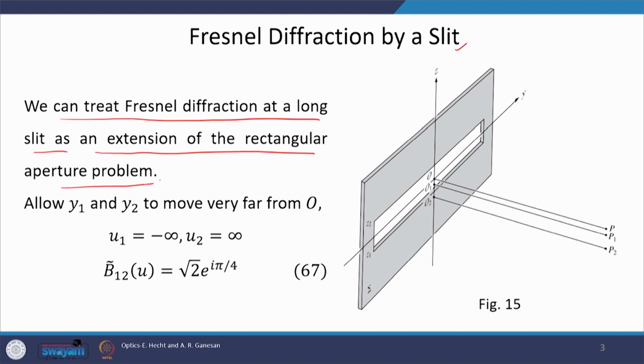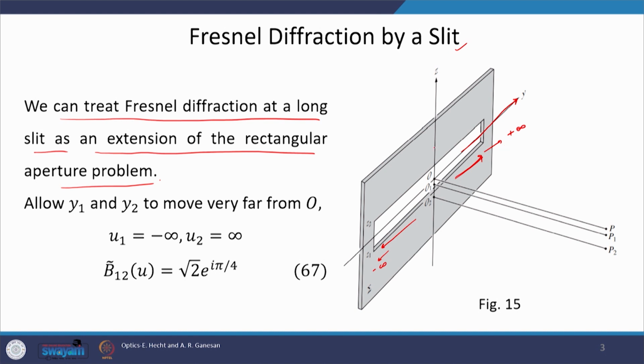Now, in this case the slit length, or the length of one arm of the rectangular aperture, is assumed to be extended till infinity. In this figure the slit is extended till infinity in the y direction. This edge goes till minus infinity, while this edge goes to plus infinity.